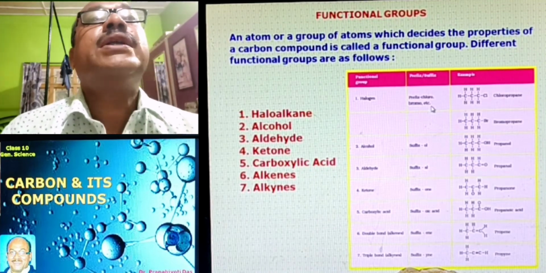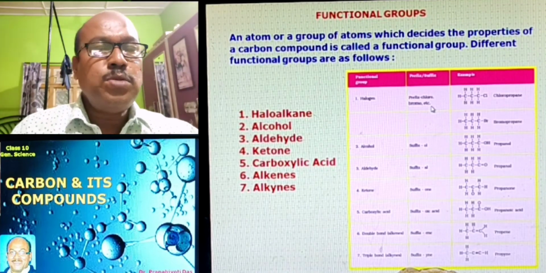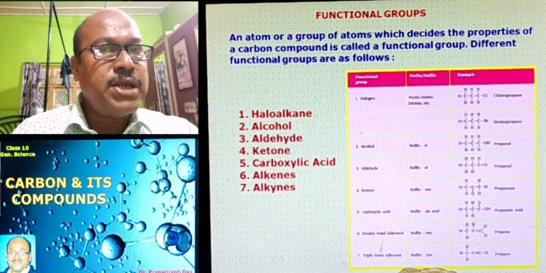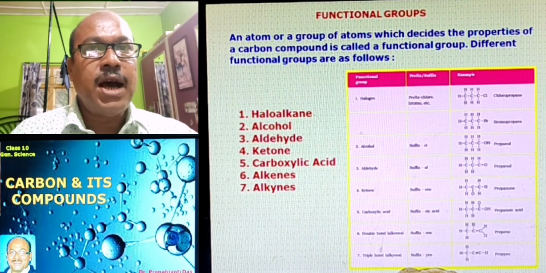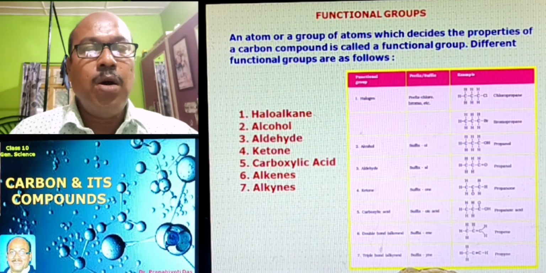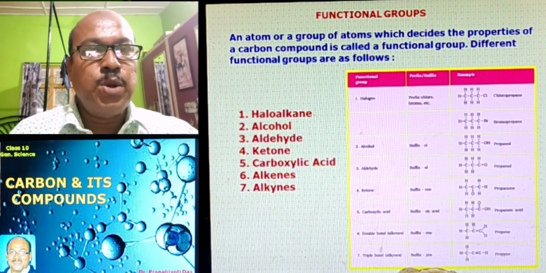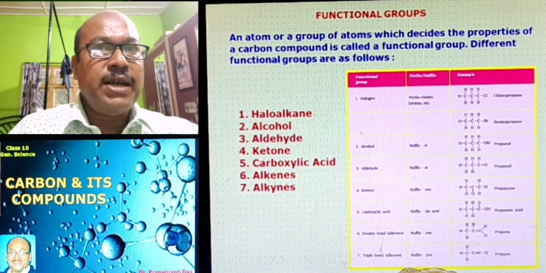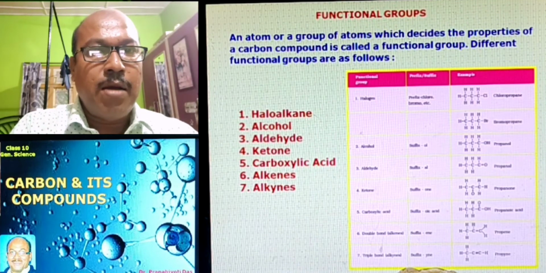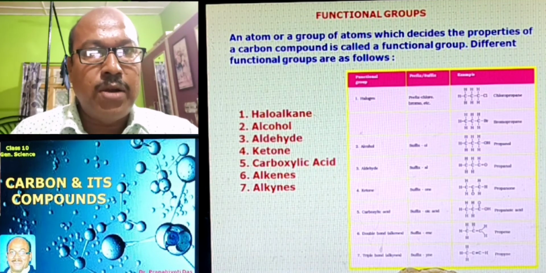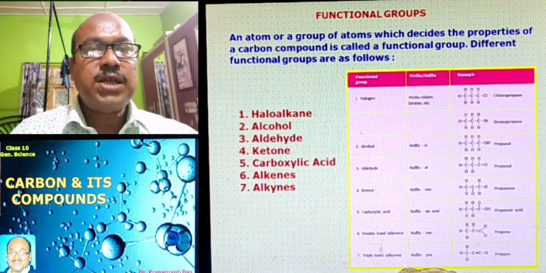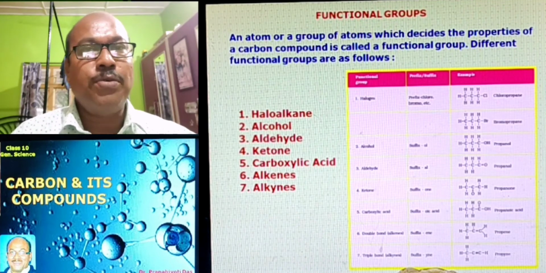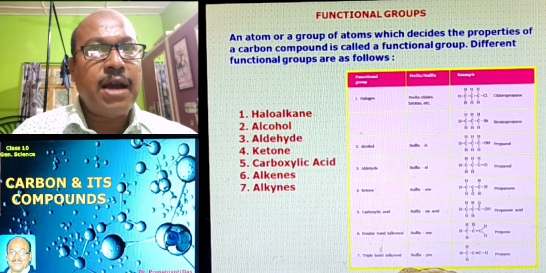Halogens means that when a halogen is added to the normal carbon chain, either chlorine, bromine, iodine or fluorine is added. Generally in hydrocarbons there should be only carbon and hydrogen. So in such a normal hydrocarbon, something different from outside comes in, other than carbon and hydrogen.